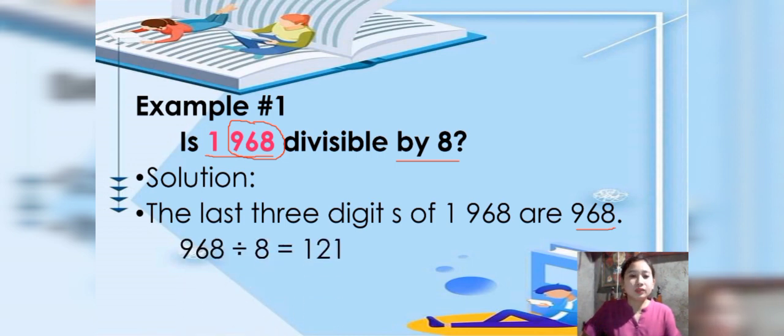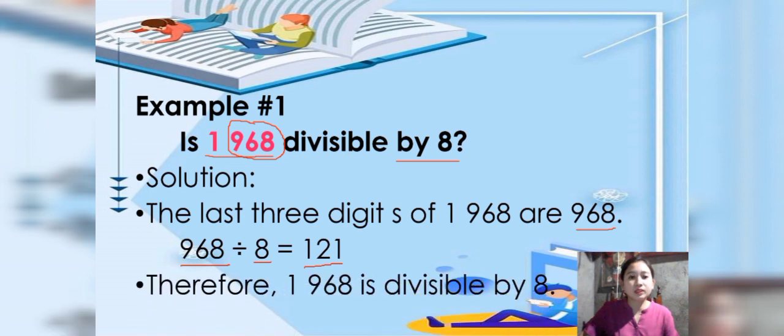So now let us divide 968 by 8. The quotient is 121. So there is no remainder, so meaning to say it is divisible by 8. Therefore, 1968 is divisible by 8.